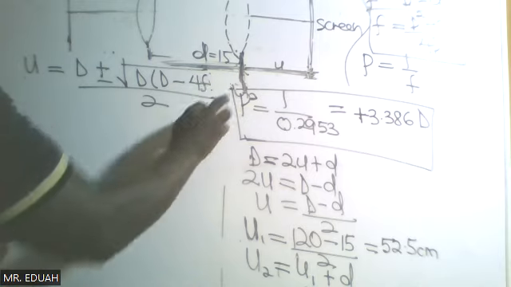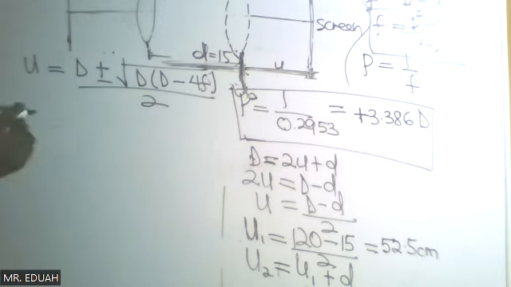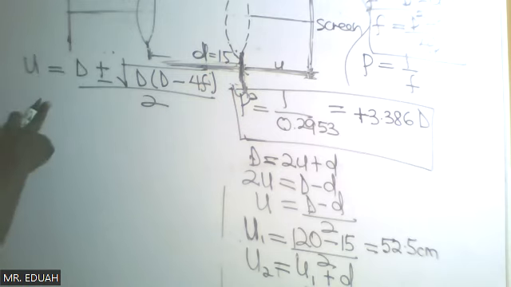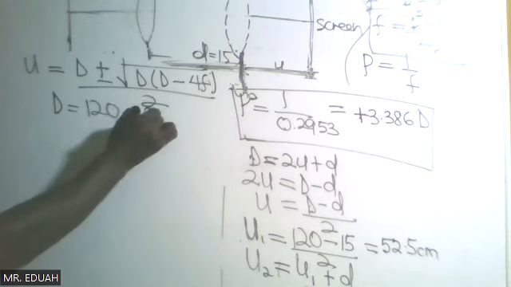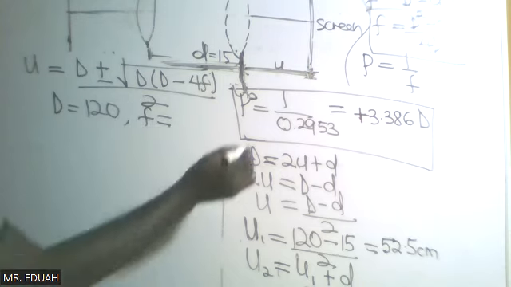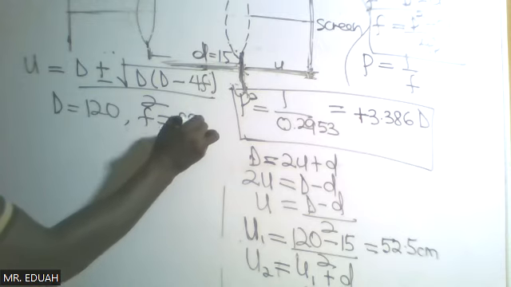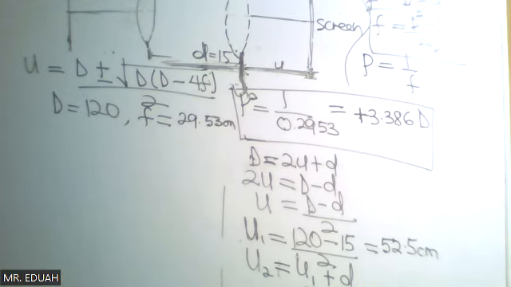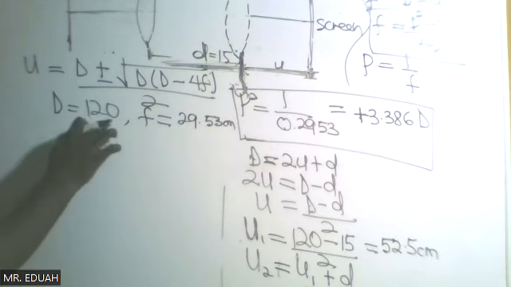And I proved this with you. So this is the formula to determine where u1 will be and where u2 will be. D is equal to 120. We found the focal length of the lens f, and we got 29.53 centimeters. Here we are not using meters because we haven't changed D.